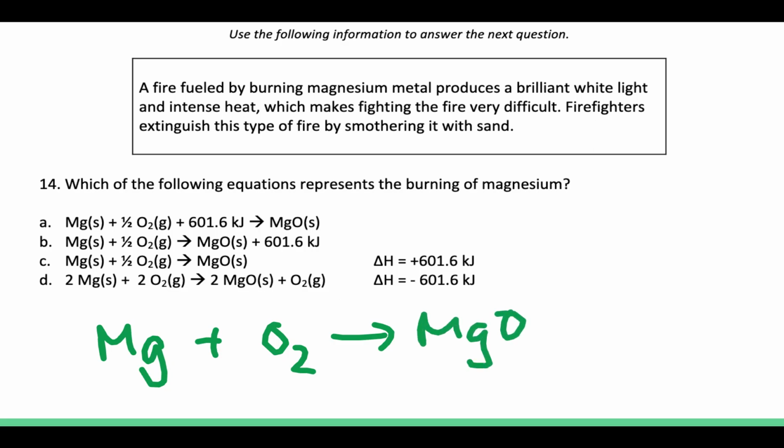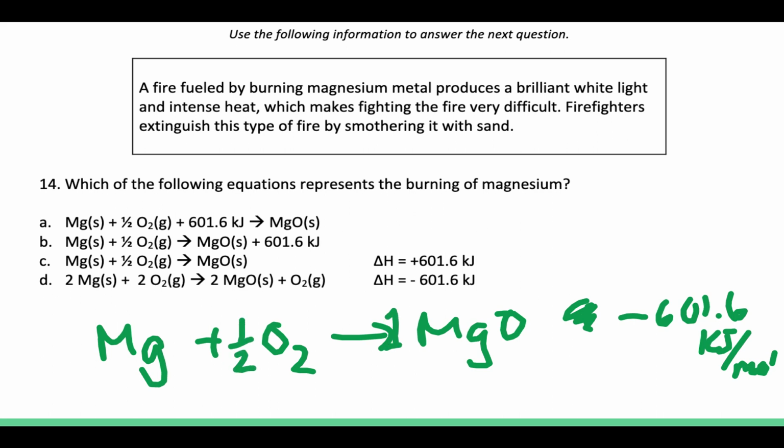If you're getting the value from your data booklet, it would be a negative value because it's exothermic, 601.6, and that would be kilojoules per 1 mole being formed. So when it comes to balancing, instead of multiplying by 2's, we can just add in a half here so that we can show 1 mole being formed.